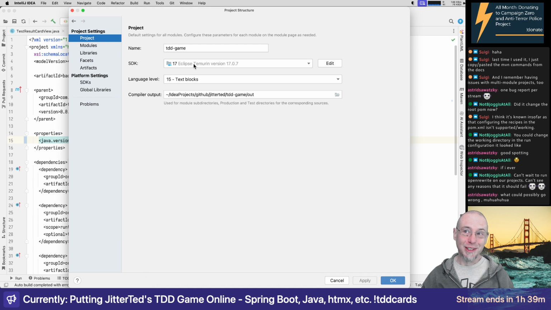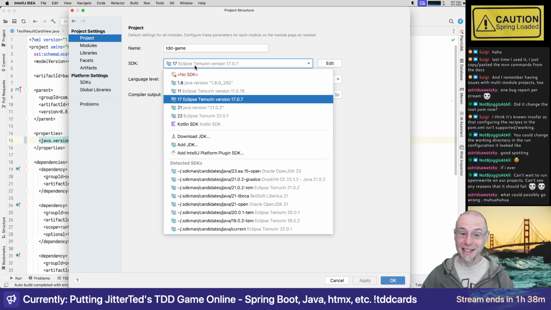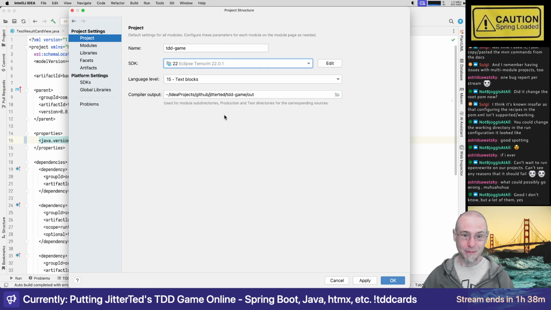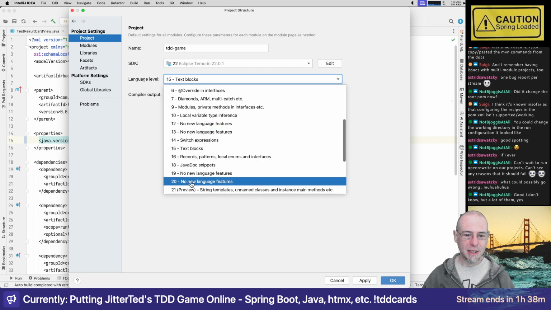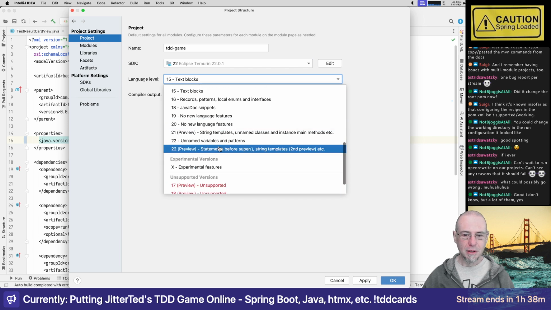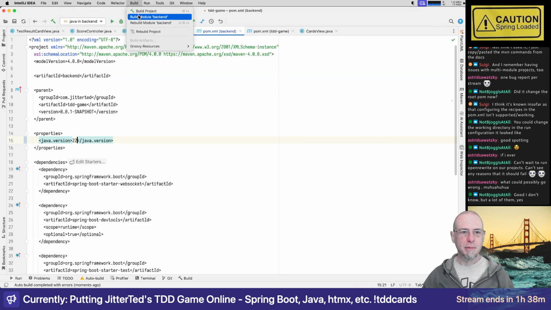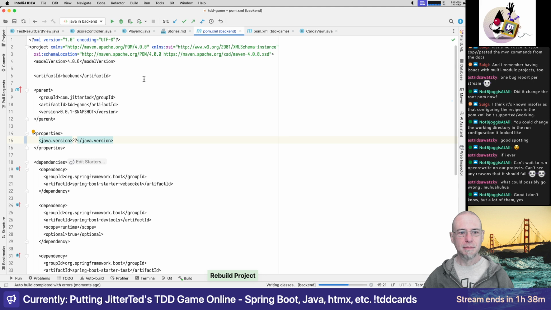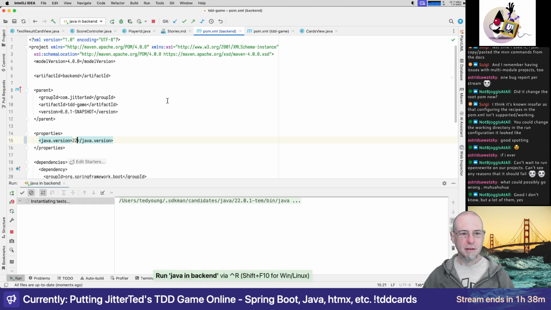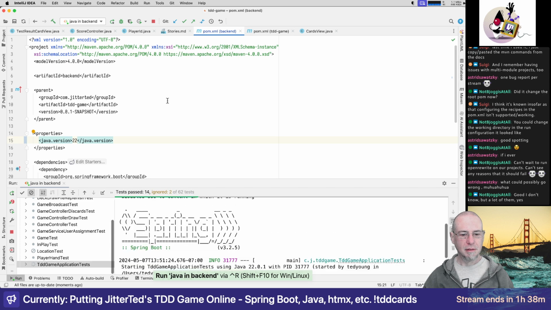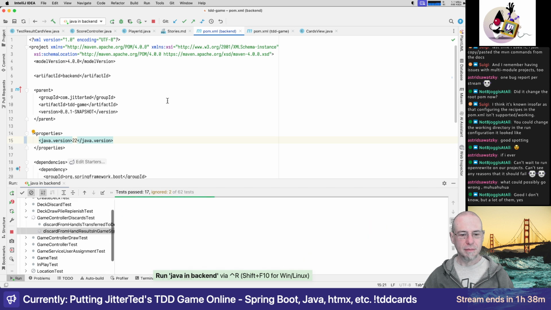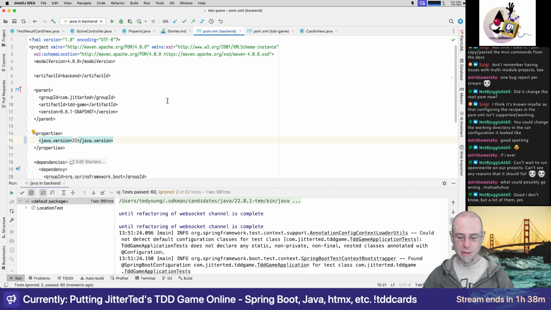Which is going to be difficult to execute without having an SDK that's also 22. We'll set this to 22. Let's rebuild. And run our tests. And they all pass.